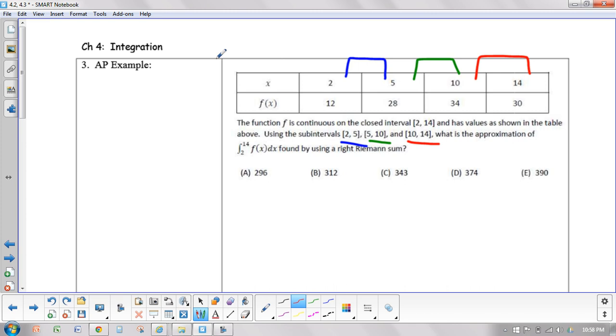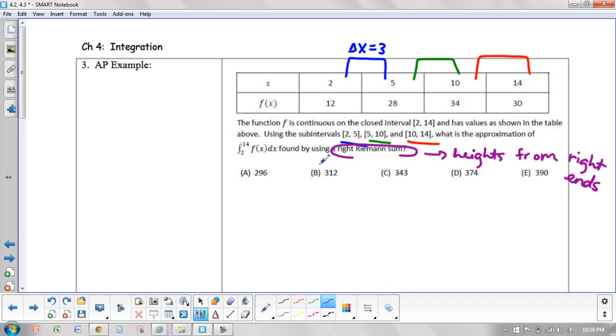They want you to calculate using a right Riemann sum. So again, just remembering the right tells you that the heights are from the right ends. Okay, well, so from 2 to 5 here, the delta x part is 3.